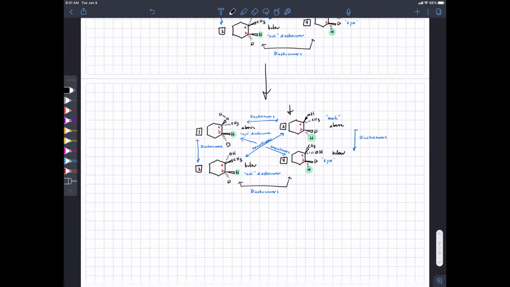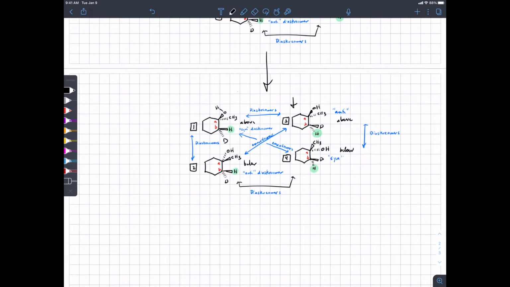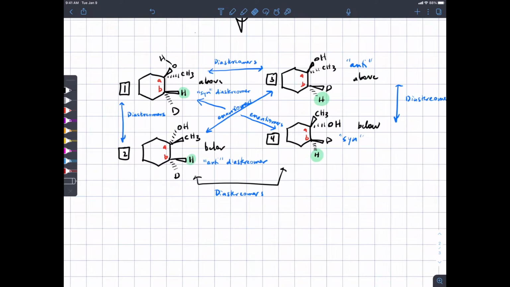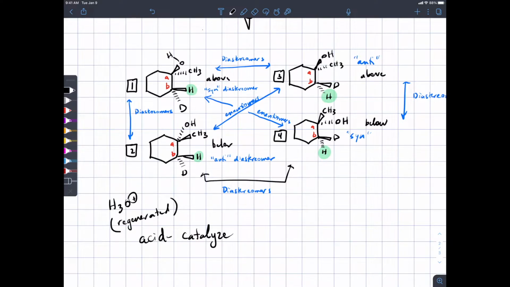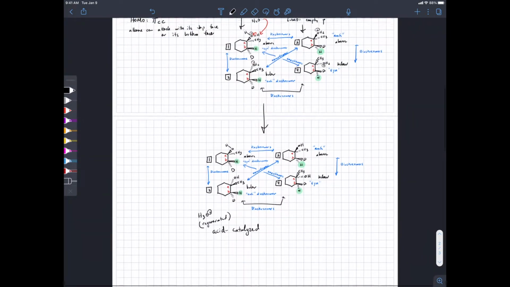Okay, and I realize that if you don't have copy and paste ability on your paper that this is infuriating to you, and I'm sorry. We regenerate H3O+. So this is actually acid catalyzed, and you don't need a huge amount of acid to make this work.